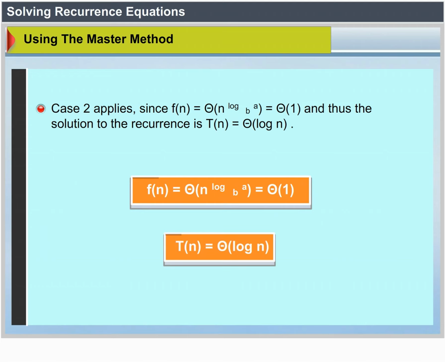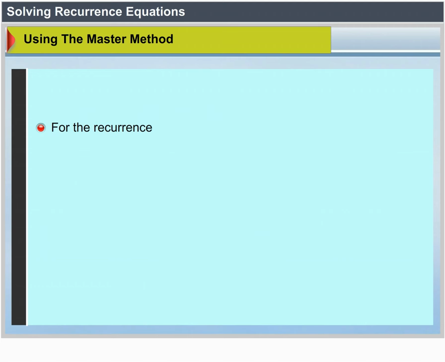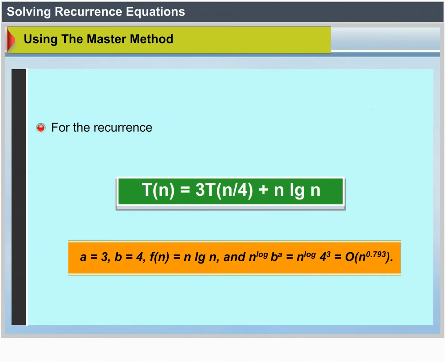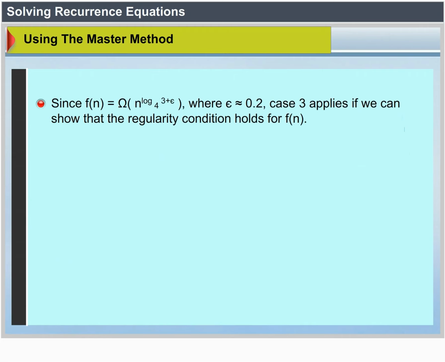For the recurrence T(n) = 3T(n/4) + n log n, a = 3, b = 4, f(n) = n log n, and n^(log_b a) = n^(log_4 3) = O(n^0.793). Since f(n) = Ω(n^(log_4 3 + ε)), where ε is approximately equal to 0.2, case 3 applies if we can show that the regularity condition holds for f(n).